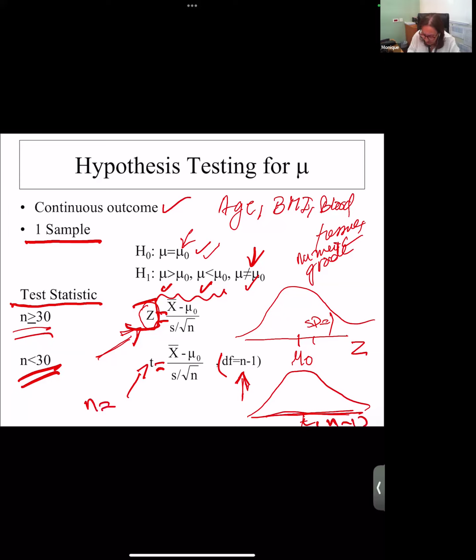For instance, if n is 20 and alpha is 5%, I look at the t of 5% and 19 degrees of freedom. So it will not be 1.96. It will be greater than 1.96, as you recall. So what you compare with will be a t.